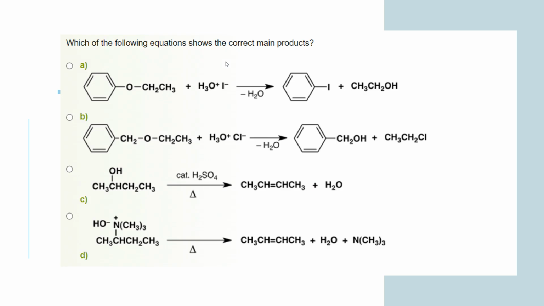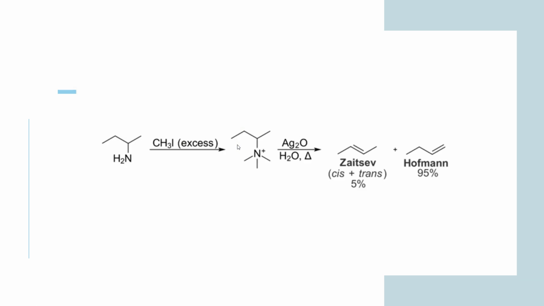Similarly, in the next question, we studied the mechanism of ether cleavage reactions in presence of acids, and also the mechanisms of acid catalyzed dehydration reaction, and this particular Hofmann elimination reaction. Okay, and we identified option C as the correct answer, which was showing the correct product.